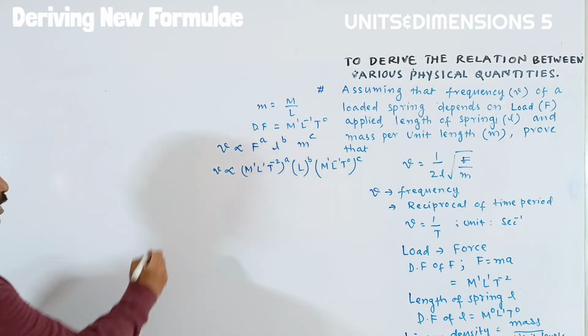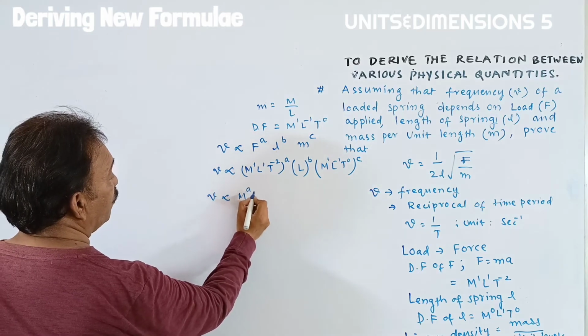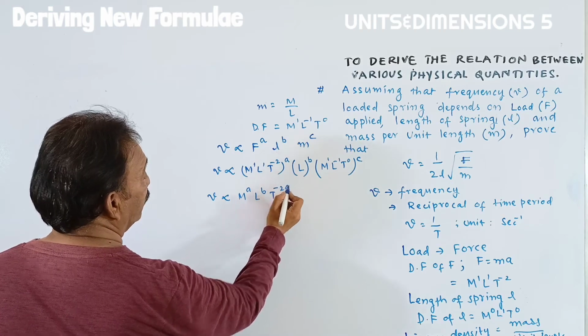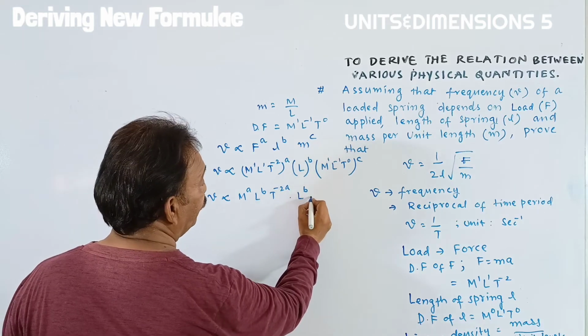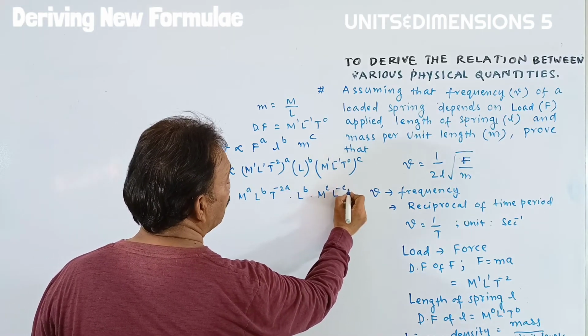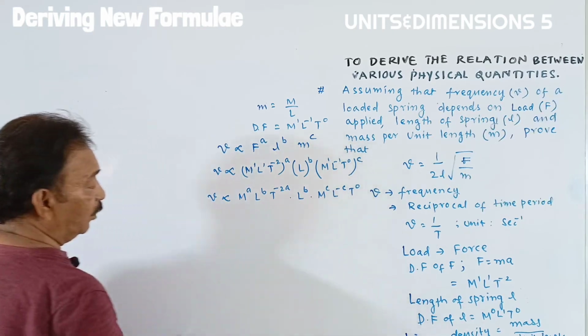Okay, students, then it can be written as n is proportional to m to the power of a, L to the power of b, t to the power of minus 2a multiplied with length to the power of b and m to the power of c, L to the power of minus c and t to the power of 0. When the bases are same, we have to add the powers.